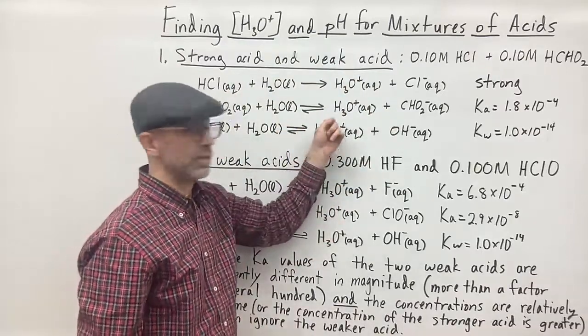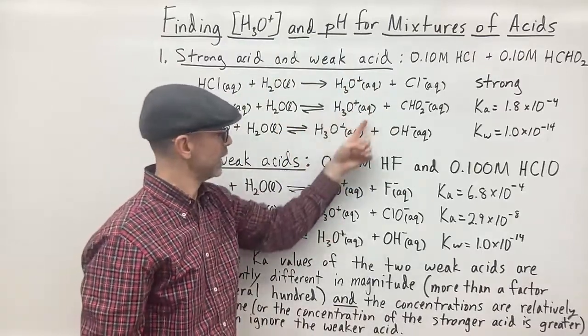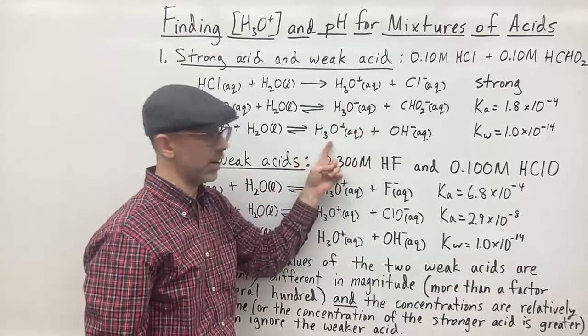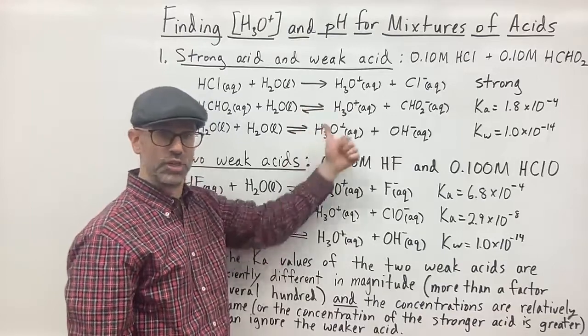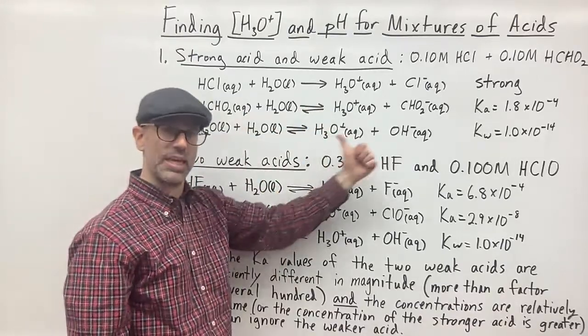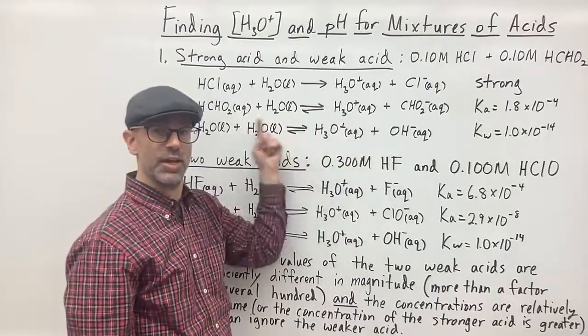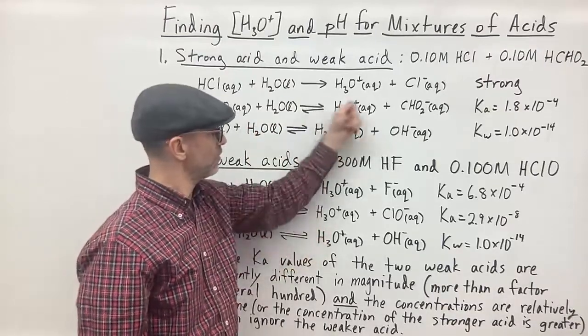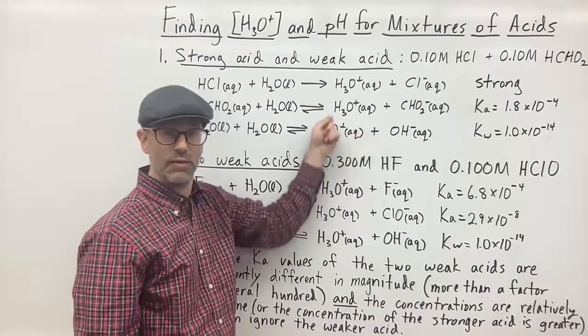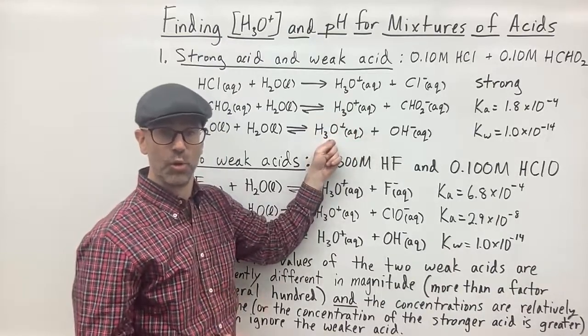According to Le Chatelier's principle, if we're increasing the amount of product, the equilibrium is going to shift that way. So even less of the acid is going to ionize, and this is going to be less of a concern than we would normally have.